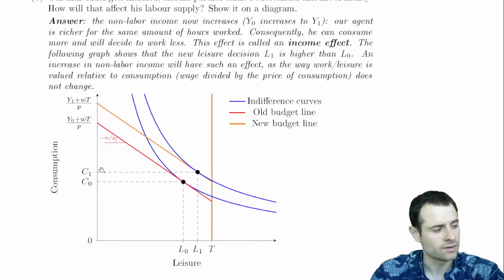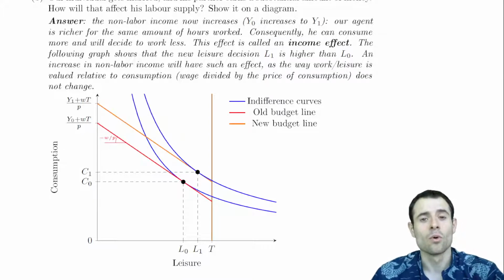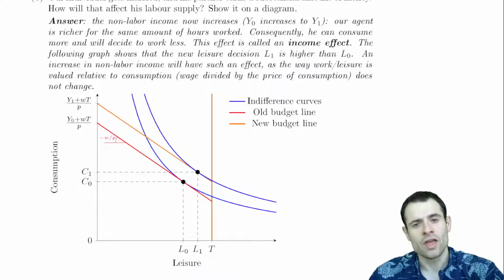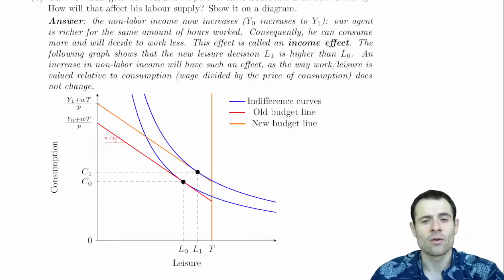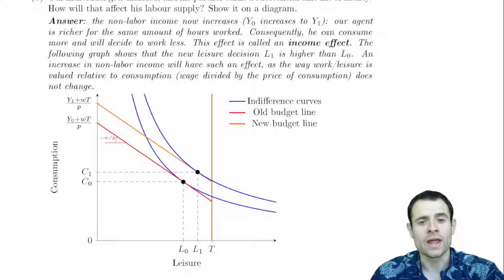The income effect in general makes people work less. The substitution effect, in general, makes people work more. If you are getting paid more per hour, the opportunity cost of leisure then increases. By taking an hour off, you are giving up a higher amount of money than before.